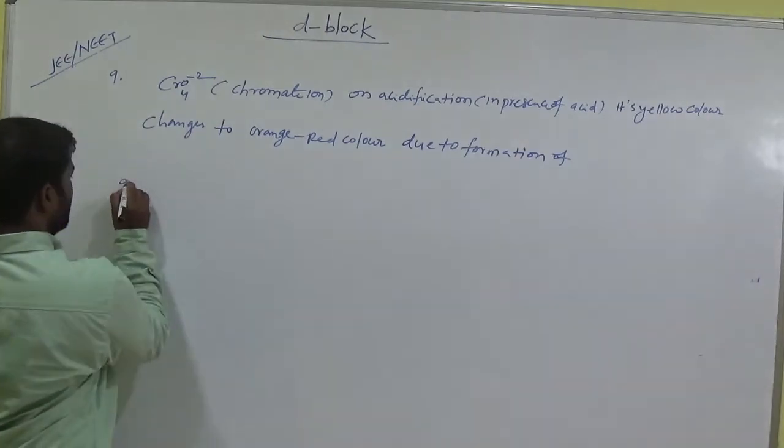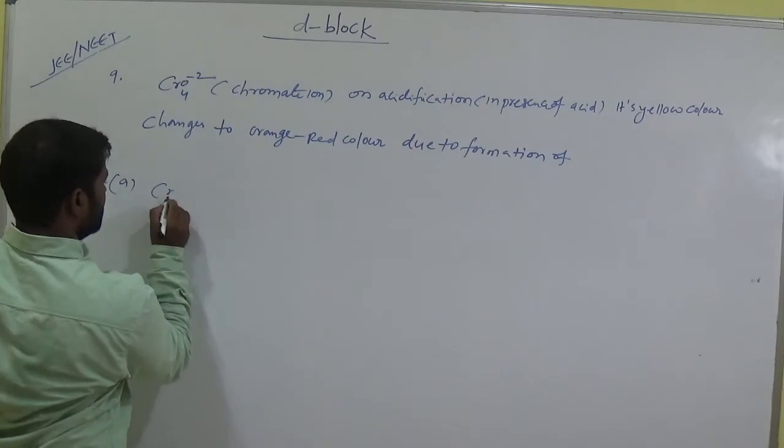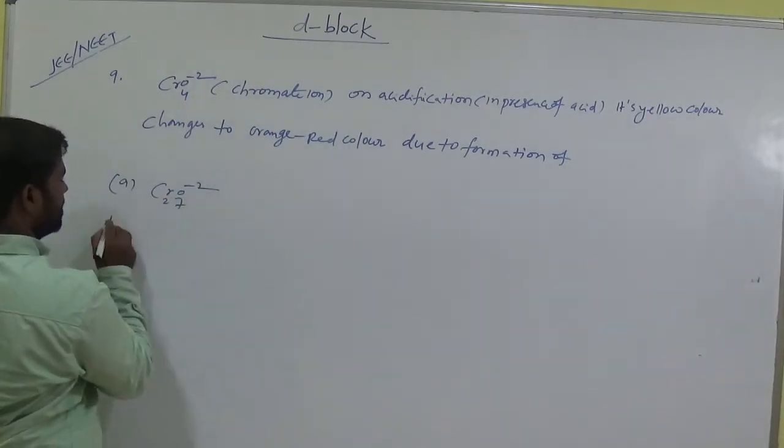Option A, Cr2O7 minus 2, dichromate ion.